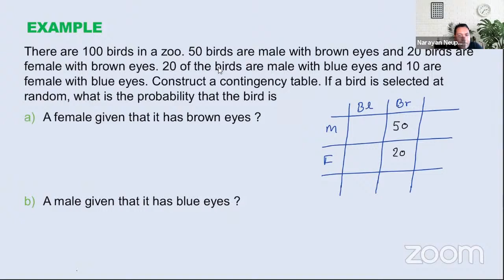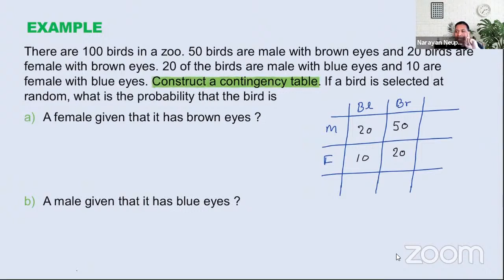Next, 20 of the birds are male with blue eyes, so they will go here. And finally, 10 are female with blue eyes, 10. This is how we represent the data in the form of a table. And this table is called the contingency table.